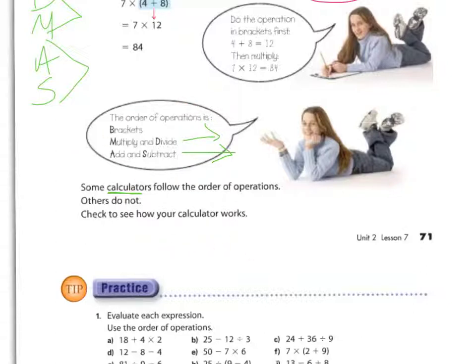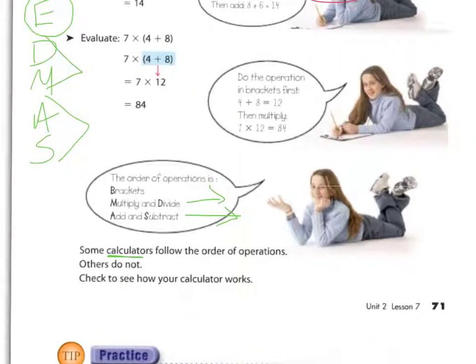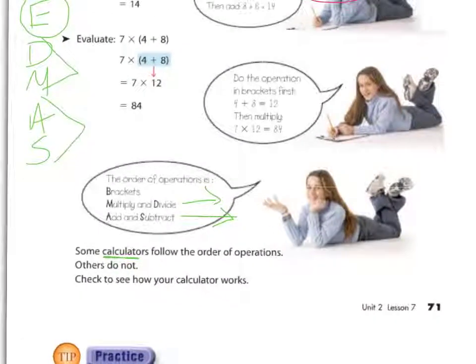So double check your calculator and make sure that you are punching them in the order that you need to complete them. So do the 4 plus 8 part first, then the 7 times 12. You cannot take this and punch it in this order. Your calculator won't necessarily know that the brackets part has to be done first.